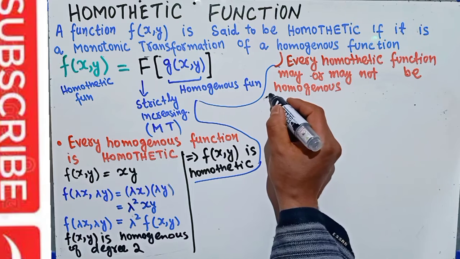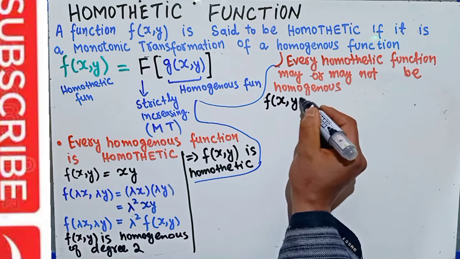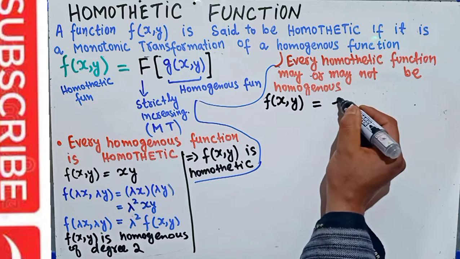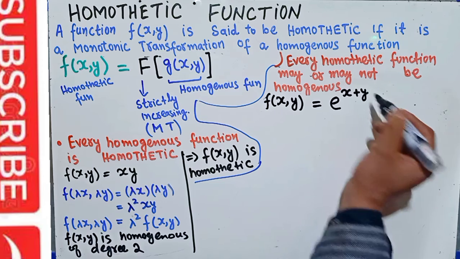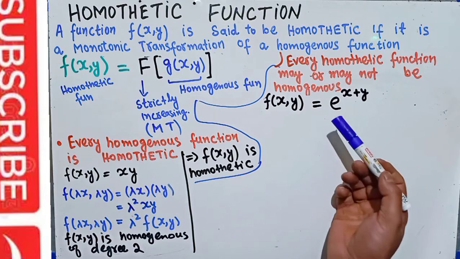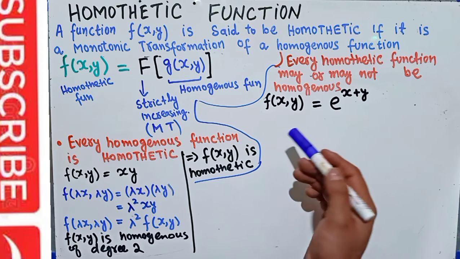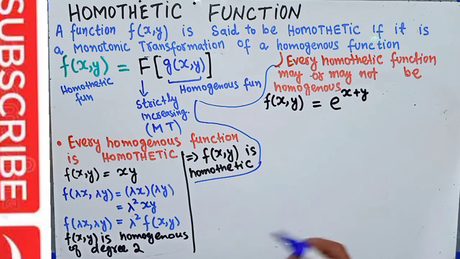Let us say we have a function f of x, y equals e to the power x plus y. First we need to see whether it is homogeneous or not. If it is homogeneous, then we stop and conclude that this is also homothetic. Let us see whether it is homogeneous.